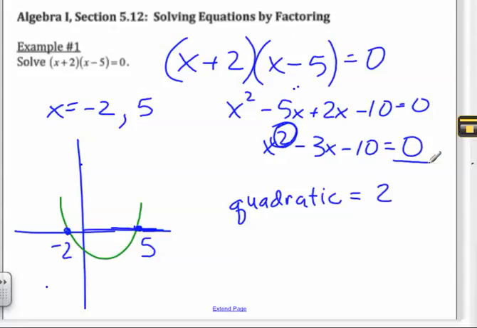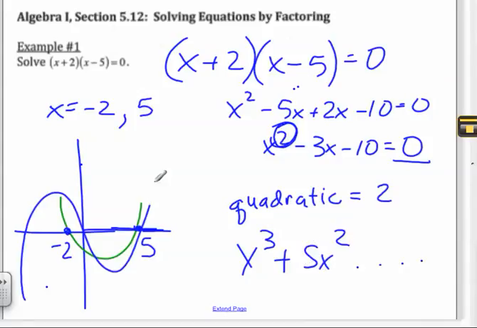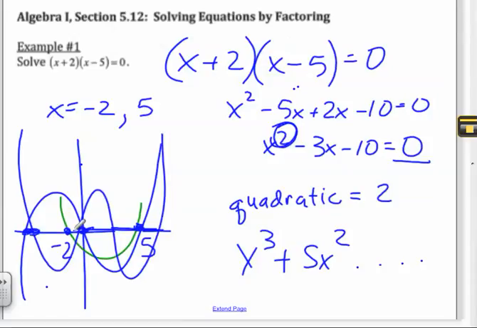Two solutions. Right? Remember when I said a cubic, something like x cubed plus 5x squared, blah, blah, blah, blah, blah. That's going to go like this, and it's going to hit the x-axis 3 times, possibly. You remember us doing that? Remember when I did it to the fourth, it would look like this, and it would hit it here, here, here, and there, and it have 4 solutions. You remember us talking about that?